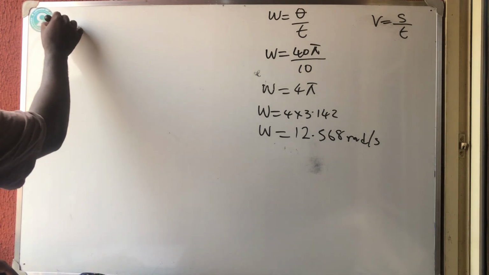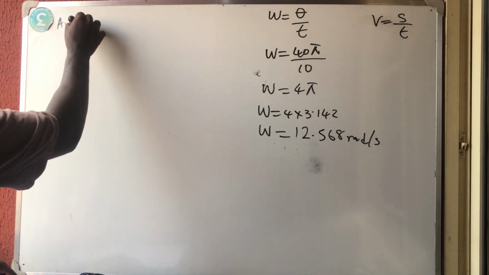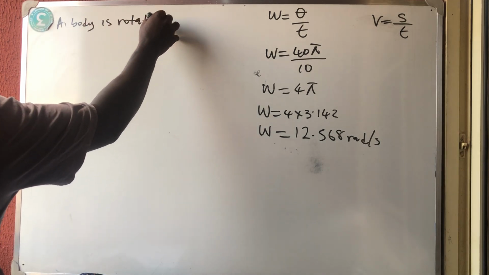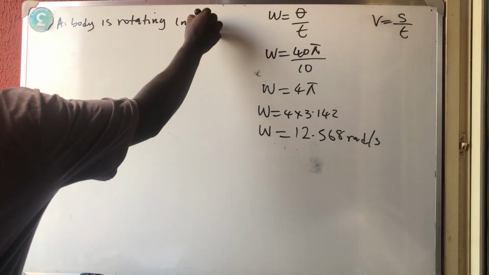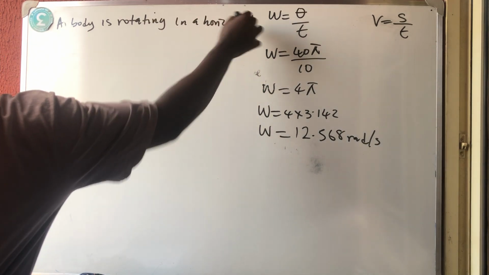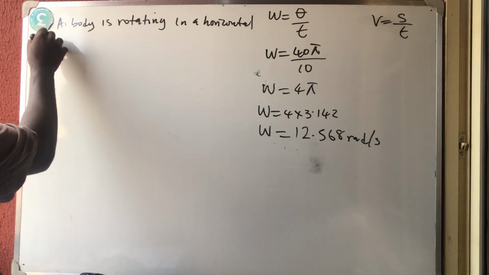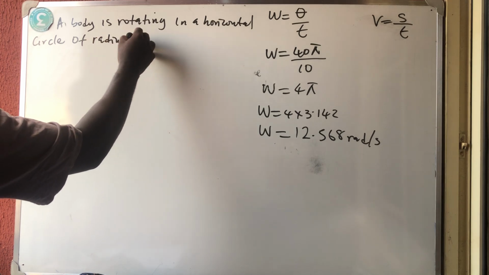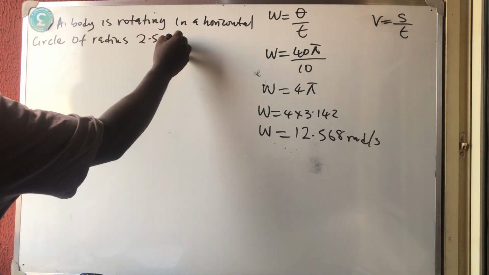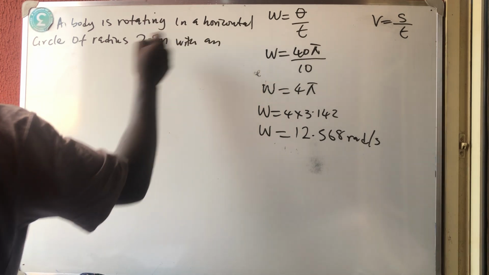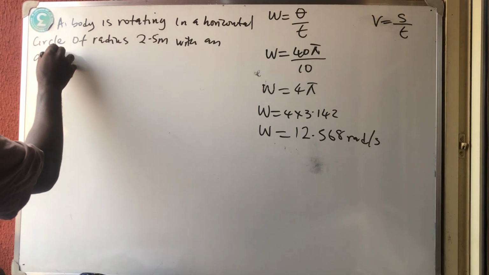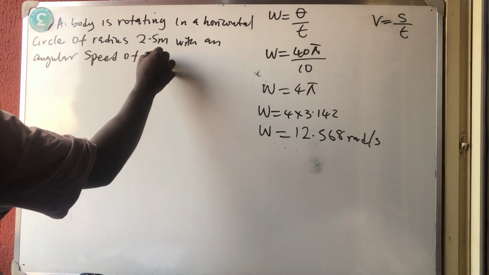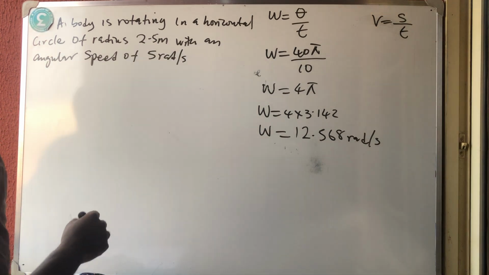Okay, the next question said a body is rotating in a horizontal circle of radius 2.5 meters with an angular speed of 5 rad per second.